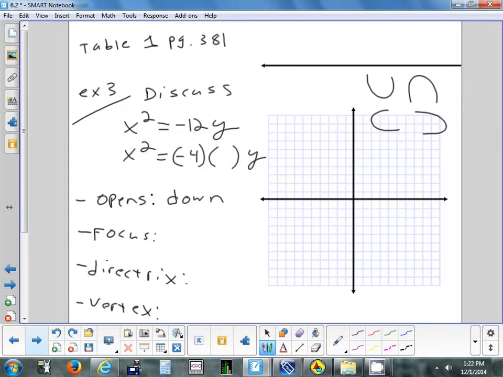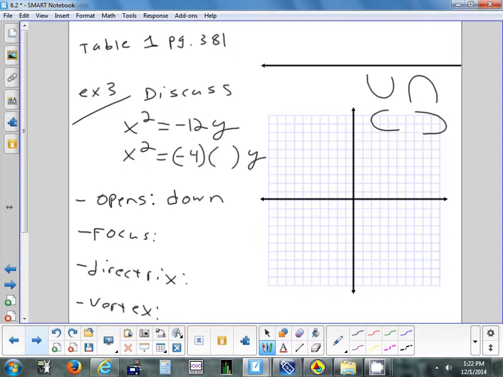So that's the last equation in table 1. Yep, so that's the formula for your focus. When we find the focus in a second, we're going to use 0, comma, negative a. So your formula for your focus and your directrix change depending on which equation you're using. That's why we just look at the table.